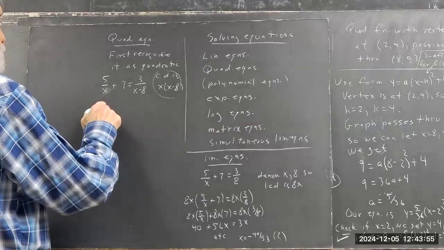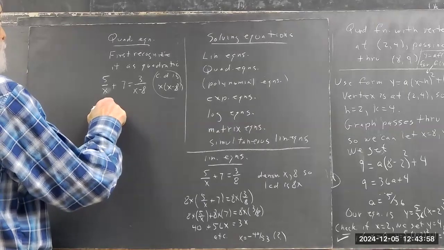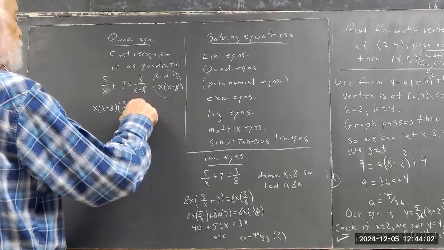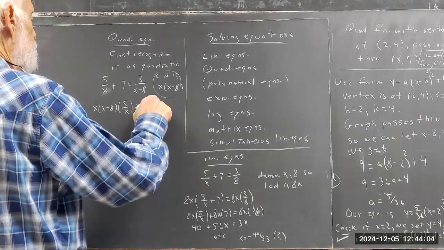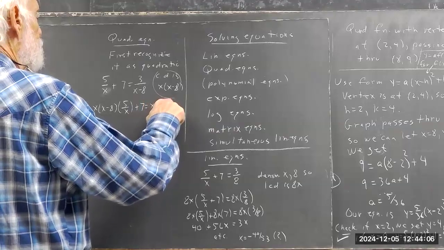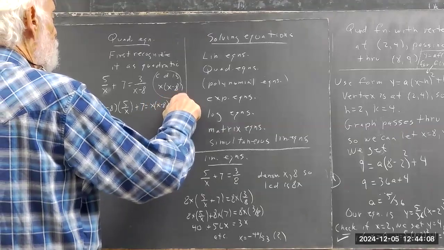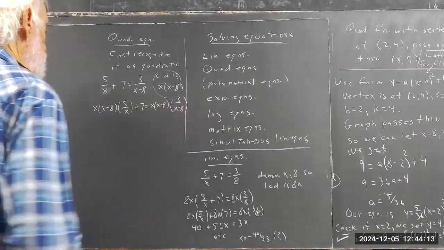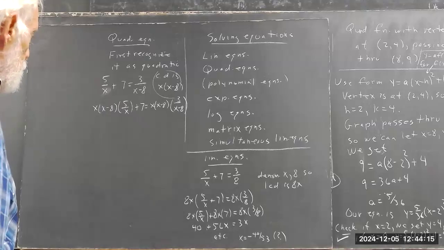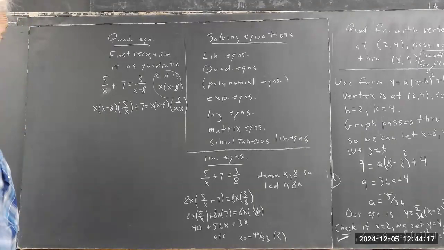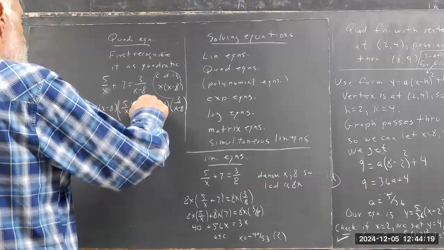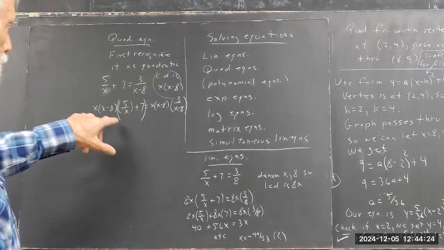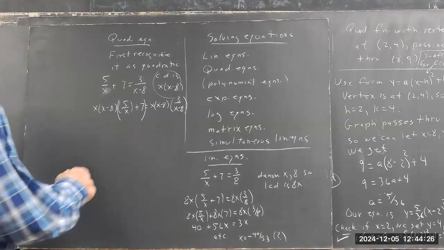So we write x times x minus 8 times 5 over x plus 7 equals x times x minus 8 times 3 over x minus 8. So what do we have? Make sure you multiply the whole side by the x times x minus 8.